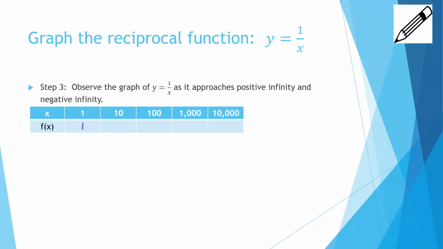Again, if I do 1 over 1, I get 1. This will give me 1/10, 1/100th, 1/1,000th. Isn't it true that the bigger x values I plug in, it's actually getting smaller and smaller and smaller? So as x gets larger, the function, f of x, gets smaller and smaller, but it gets closer and closer to 0.